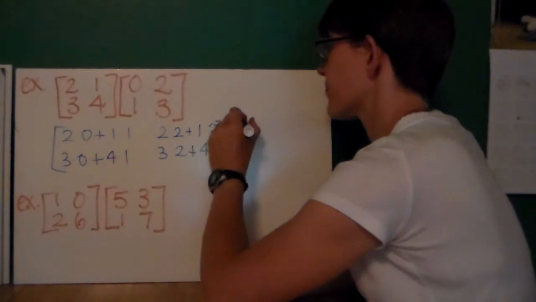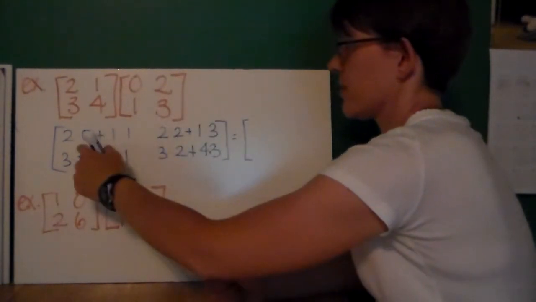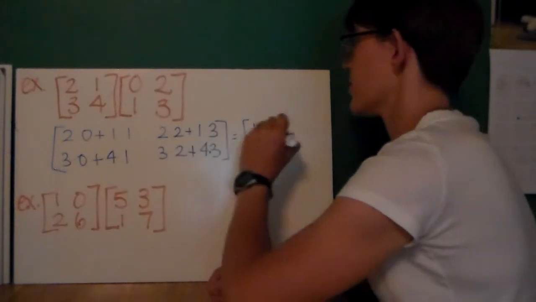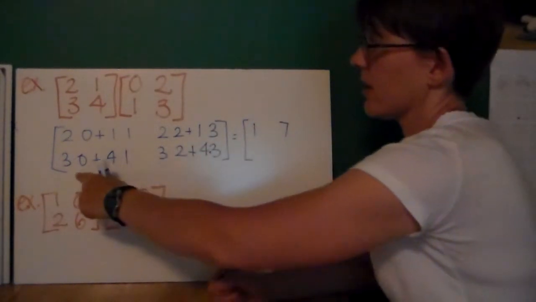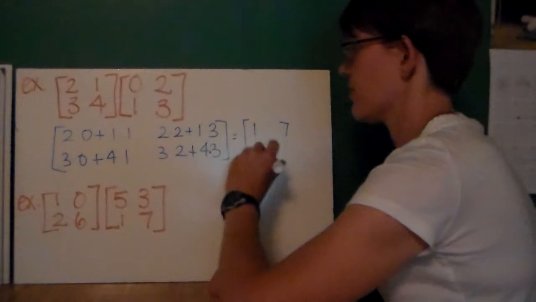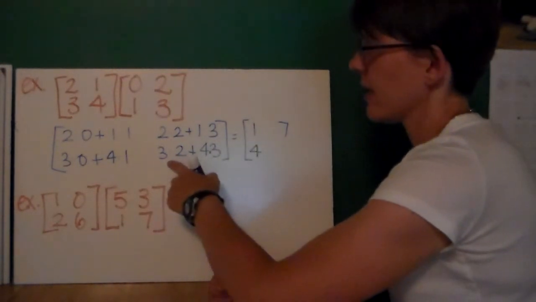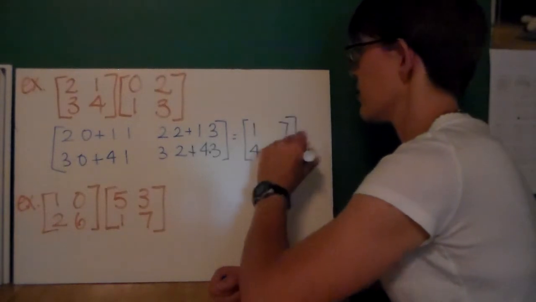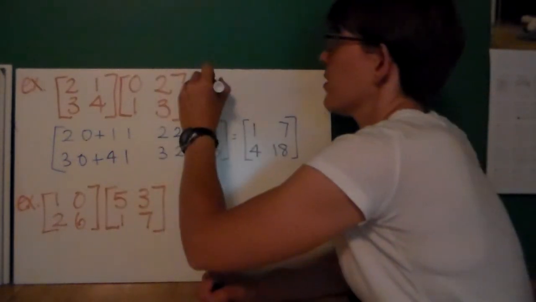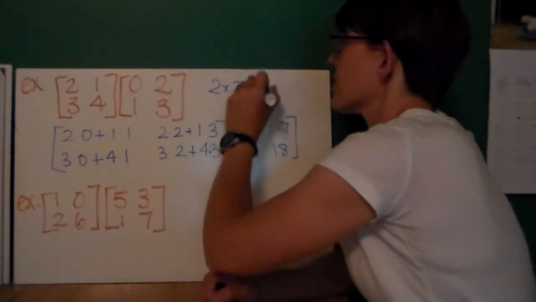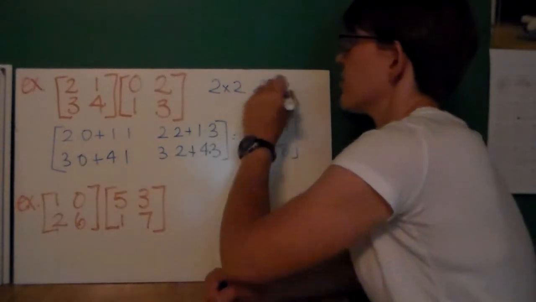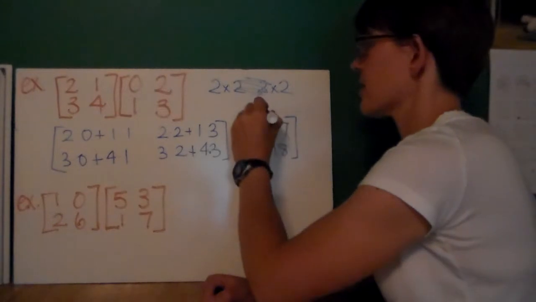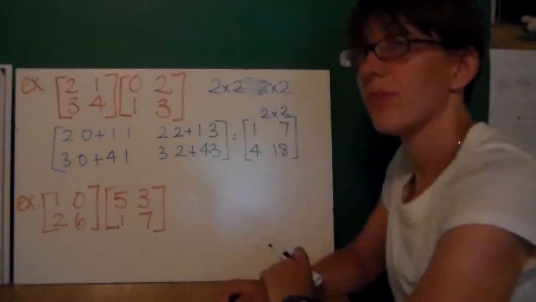Simplify everything. 0 plus 1 is 1. 4 plus 3 is 7. 0 plus 4 is 4. And 6 plus 12 is 18. Okay, so with my 2 by 2 matrix multiplied by another 2 by 2 matrix, I got a 2 by 2 matrix for my answer.